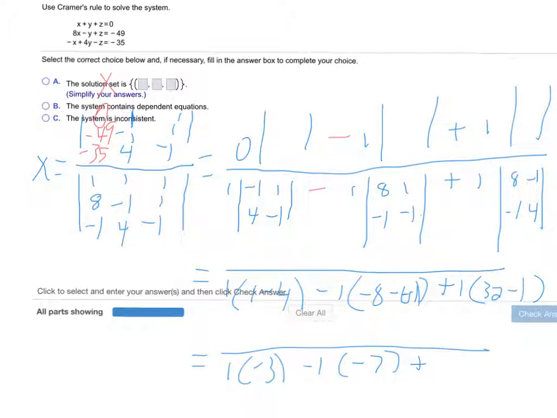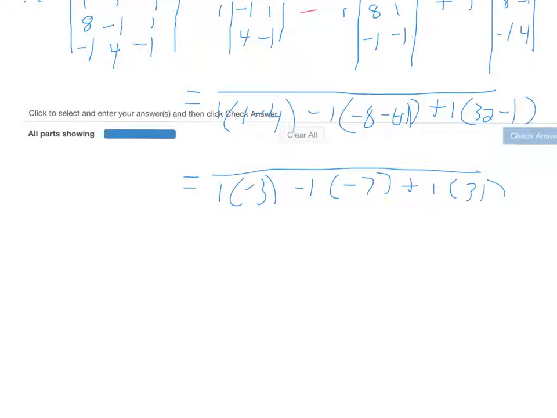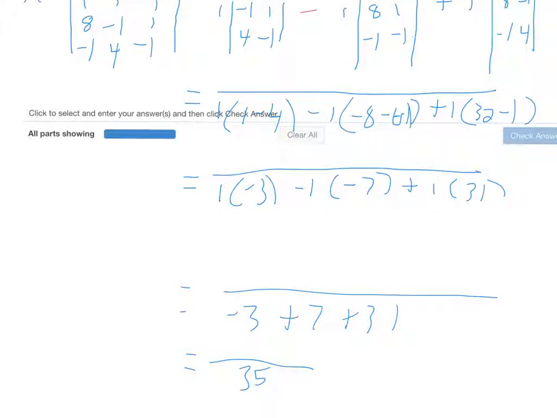And this is 1 times 31. I'm running out of room here. And so in the denominator I have negative 3 plus 7 plus 31, so that would be 35 is what I'm getting for the denominator.